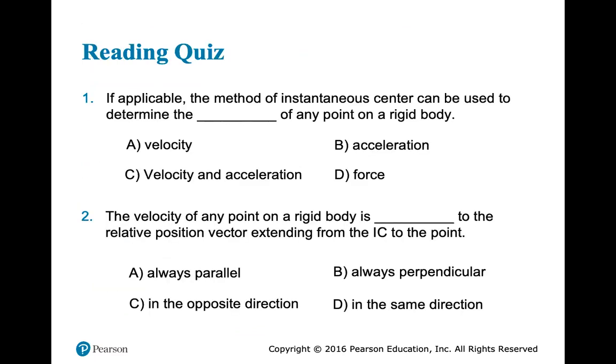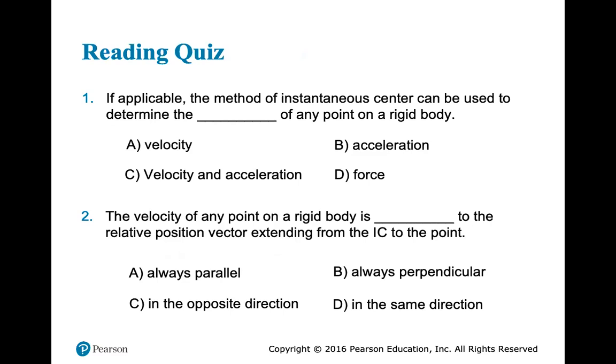Okay, usual stuff. All right, reading quiz. If applicable, the method of instantaneous center can be used to determine the velocity, the acceleration, velocity and acceleration, or the force. Well, hopefully, if you've done the reading, you know the answer is velocity.